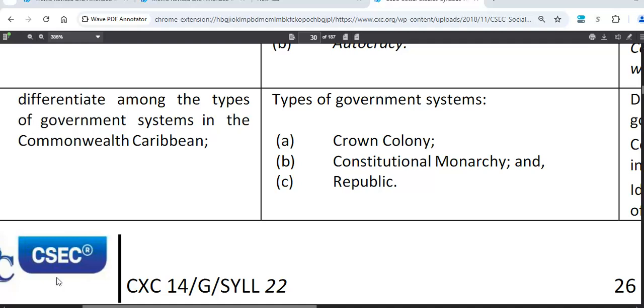Unlike the constitutional monarchy, where the monarch is the head of state followed by the prime minister, in Guyana and Trinidad and Tobago, the head of state is the president. So, in a republic type of government, the monarch is replaced by the president.